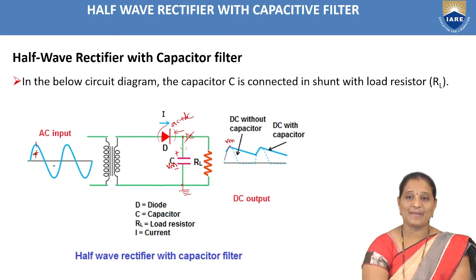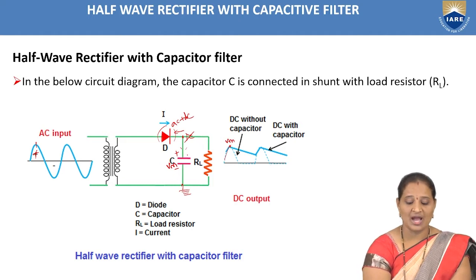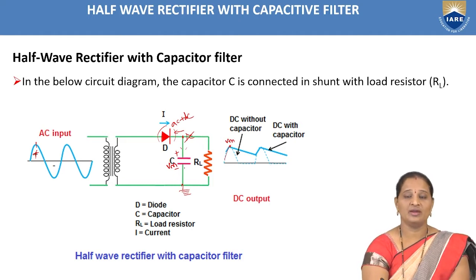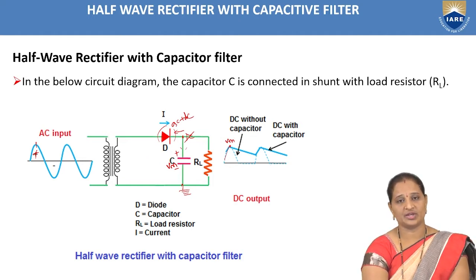That means once the capacitor has charged to maximum voltage Vm, the charge across the capacitor will reverse bias the diode, and hence the diode now will be open circuited.